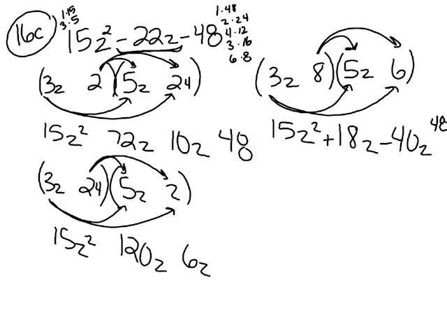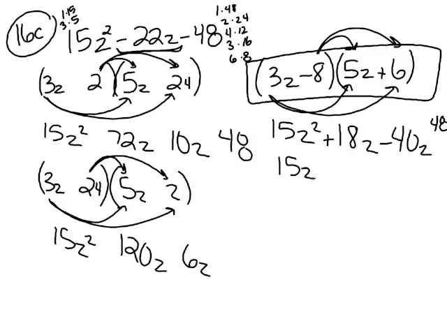So that would mean it's got to be a positive 6 and a minus 8. This is the number that needs to be the negative, and this is the number that needs to be the positive. There's my answer right there. That's a lucky guess. So that will give me my 15z squared, my negative 22z, and my negative 48.